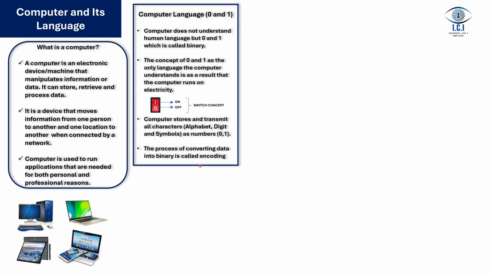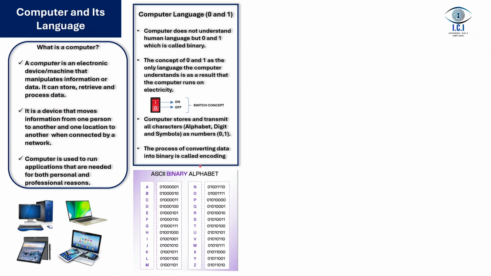So when you hear encoding outside, you have to know that encoding means the process of converting data into binary. That is just the definition. Now, if you look at my table below, you can see varieties of 0 and 1 here. So for A, A is represented by 0, 1, 0, 0, 0, 0, 0, 0, 1.